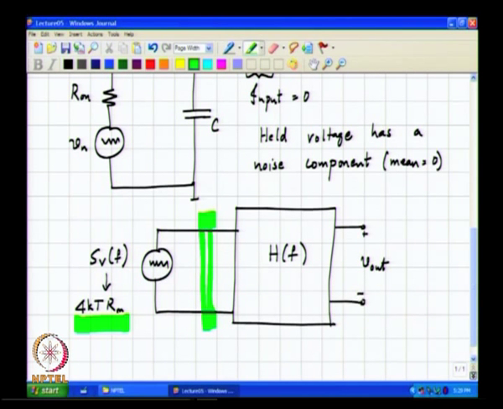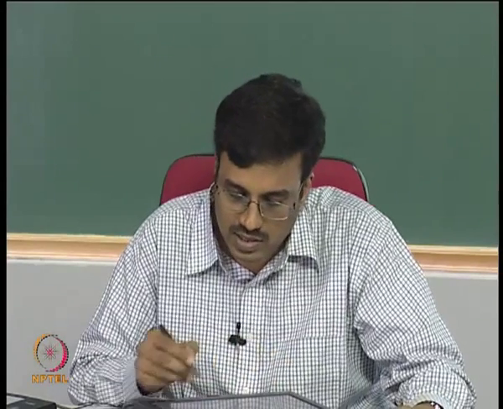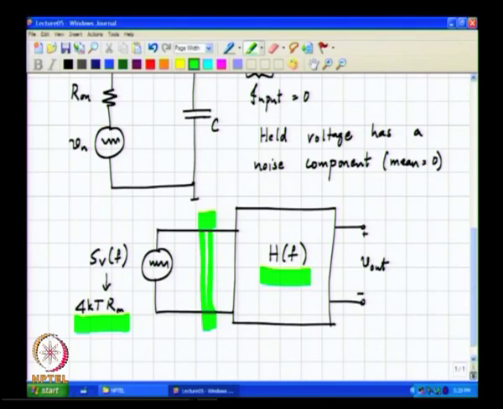Now, if I took a sinusoid with this power, and passed this through a filter with a frequency response h of f, what is the meaning of h of f? It means that if I take a sinusoid at a frequency f, the output sinusoid will be at an amplitude modulus of h of f times the input sinusoid, or the power at the output of the filter will be mod h of f the whole square times the input power, correct.